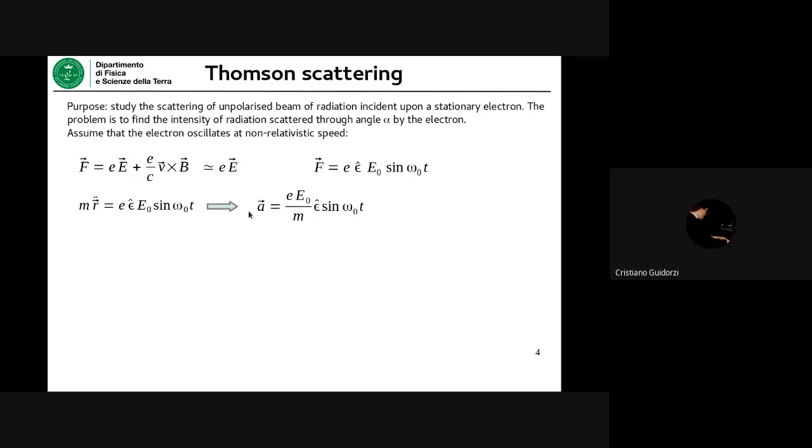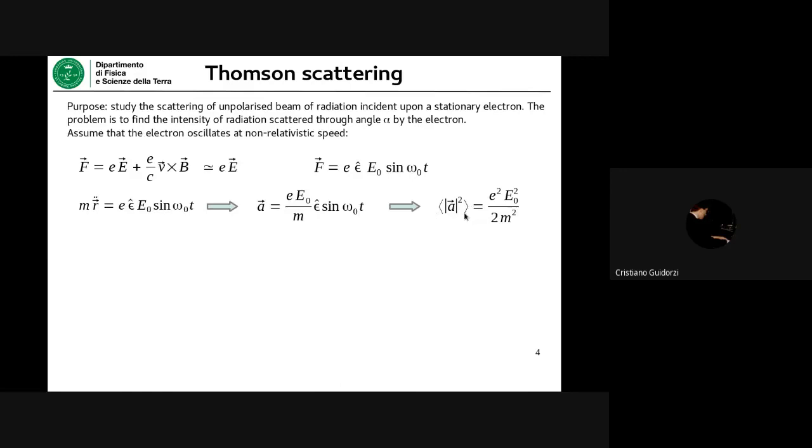Now, what is the plan? Why am I so interested in the acceleration of the electron? Well, I want to calculate the power emitted by the electron, so I need to go through Larmor's formula. In particular, I need the modulus squared of the acceleration. Here I calculated the modulus squared, and then I take the average value.